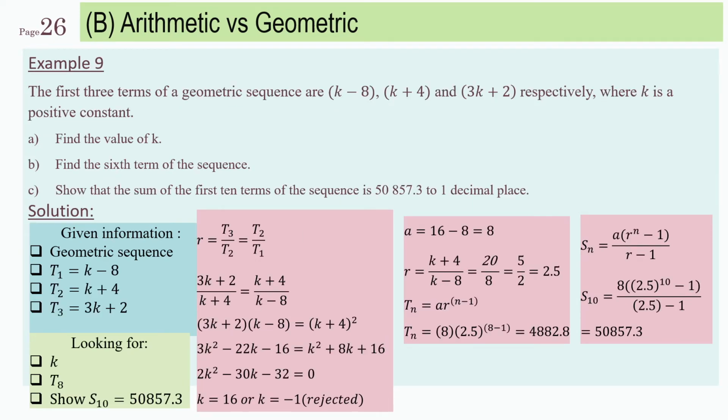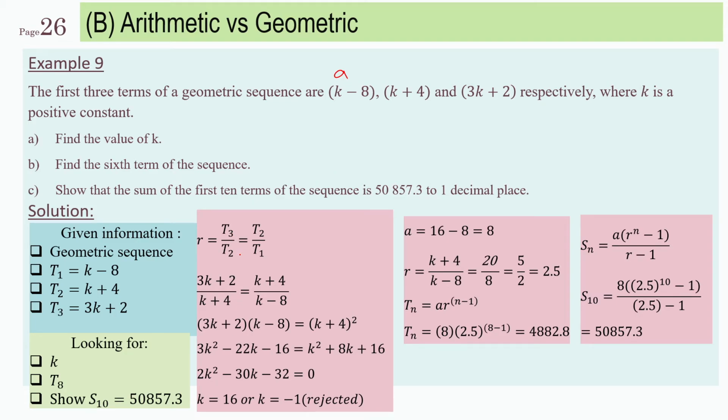Now in example 9, the first three terms of a geometric sequence are k minus 8, k plus 4, 3k plus 2 respectively, where k is a positive constant. Find the value of k. I do not know a, so the only thing I can find is our r.